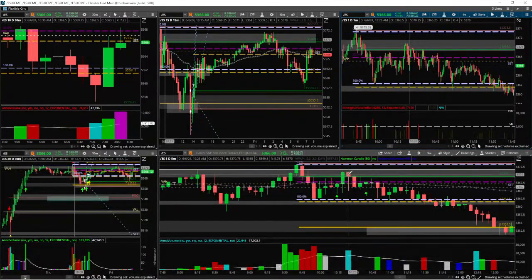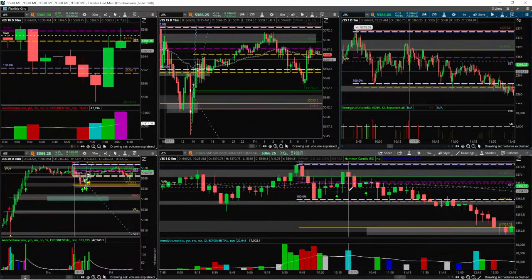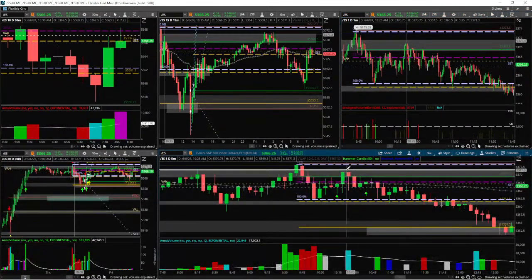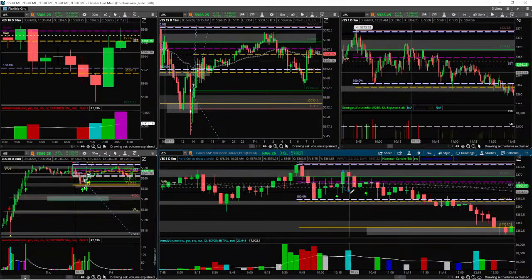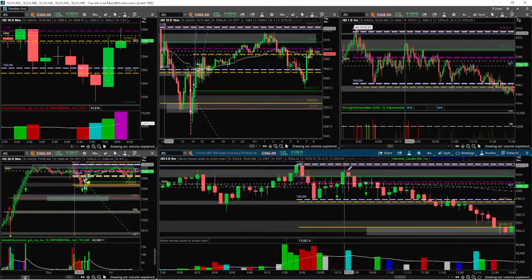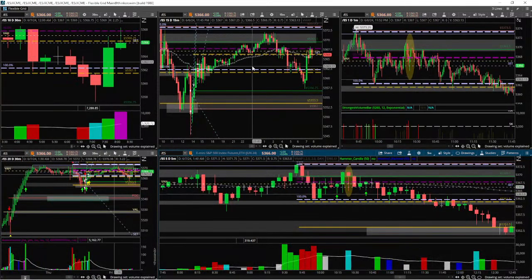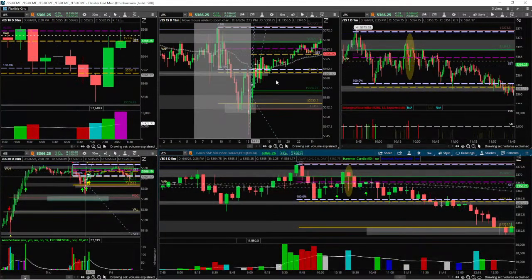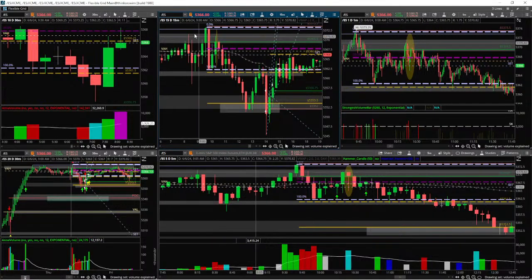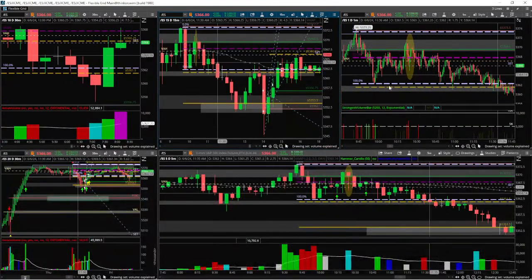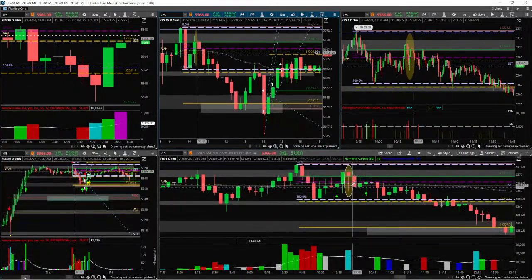First, you get the hammer candle up here, and then I could take the channel break off of this candle here. If I just wait for the 5 minute to give me my cue, or the 15 minute, or even the 30 minute, I could have gotten a better, safer entry.